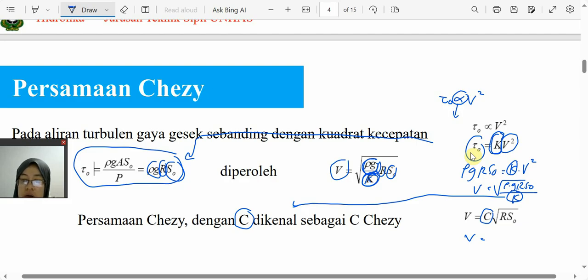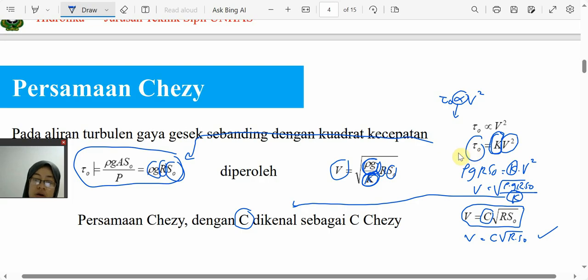So when we calculate the velocity using the roughness coefficient of Chezy, we use this equation: V is equal to C, the Chezy coefficient of roughness, times the root of R times So. So velocity is equal to the Chezy coefficient times the root of the hydraulic radius times the slope of the channel.